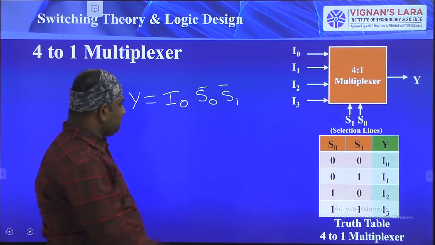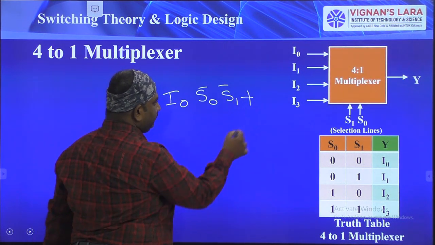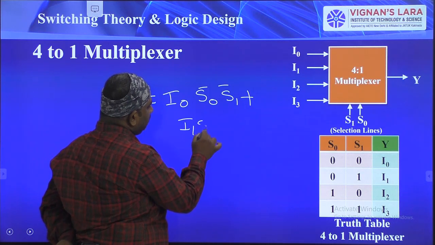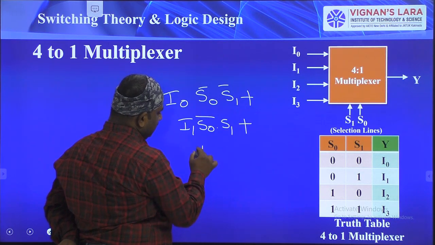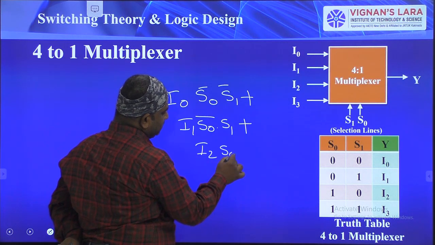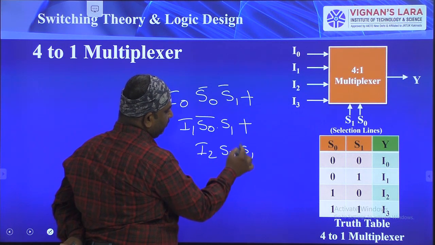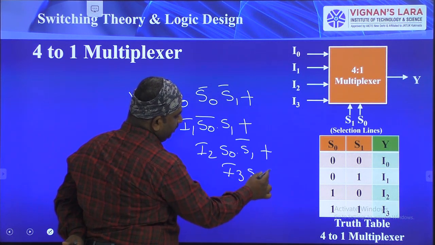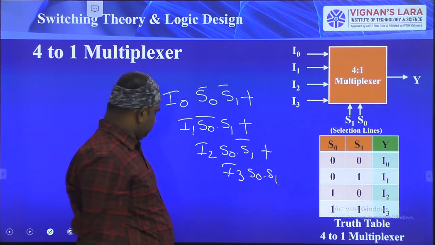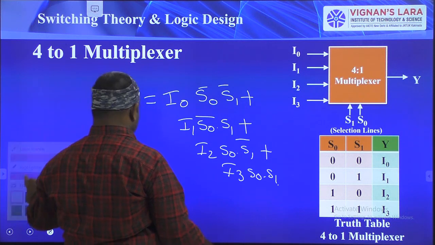Next, the second condition, I1 S0 bar into S1, plus I2 S0 into S1 bar, plus I3 S0 into S1.